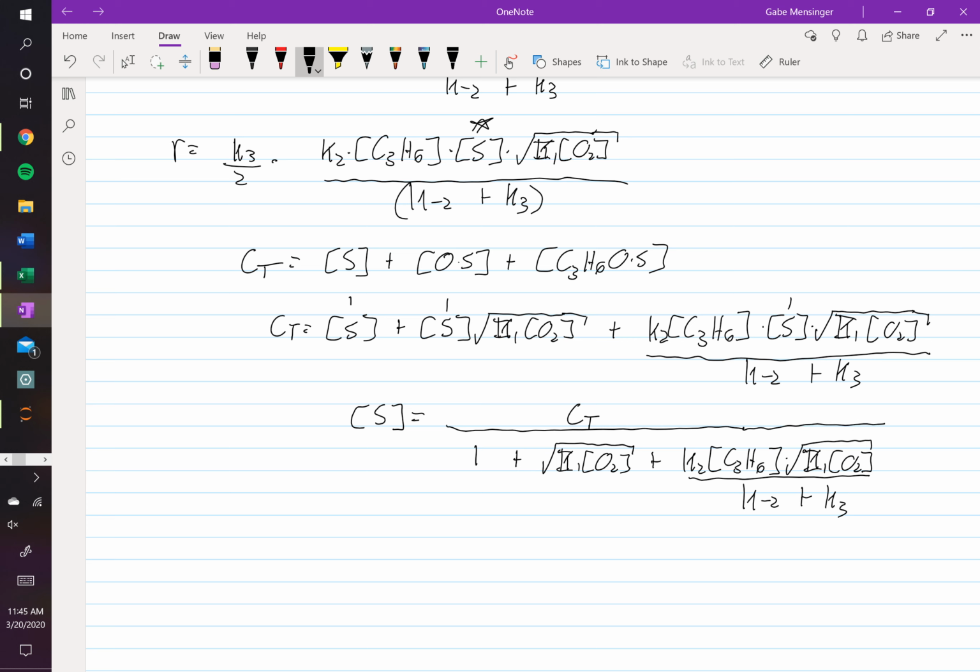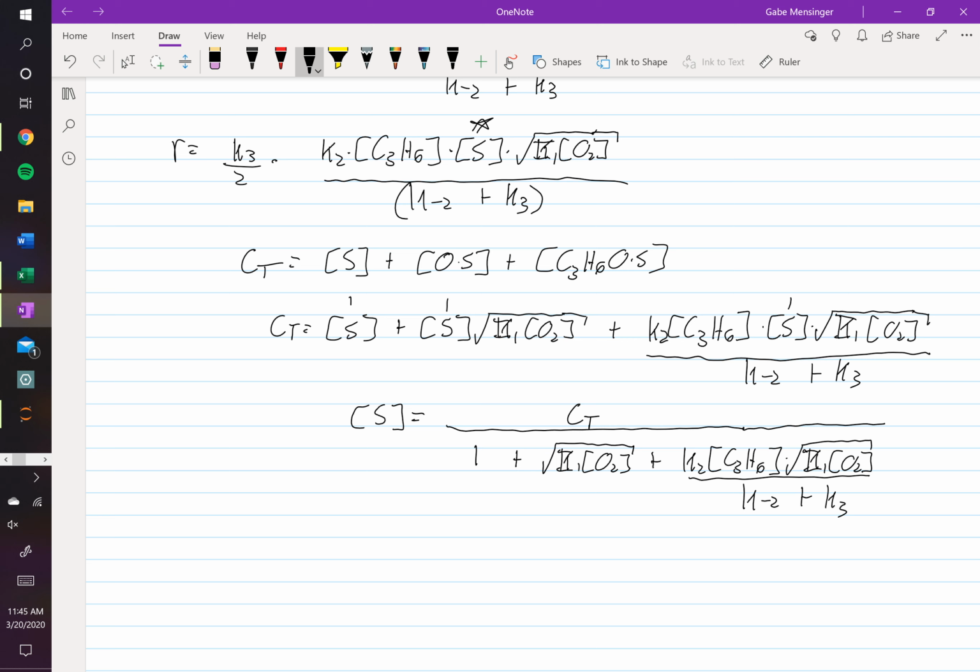And CT is a known quantity. Generally, it's found before the reaction has started, but it generally will not change. You'll always have the same number of sites, which is why it's fine to leave that term in the final equation. So now we have an expression for S.